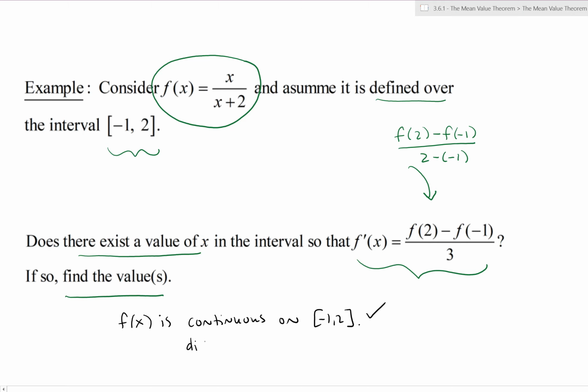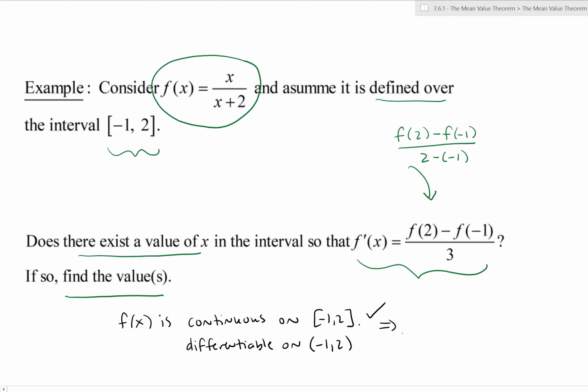It's also differentiable on the open interval -1 to 2. This is a rational function, and we know it's defined over this particular interval, and because of what we know about the behavior of this function, it is differentiable on this interval as well.